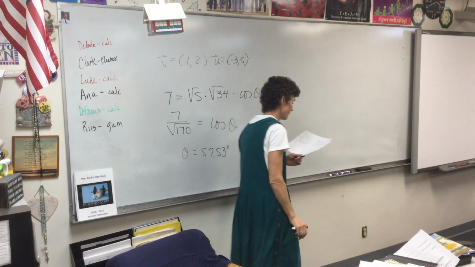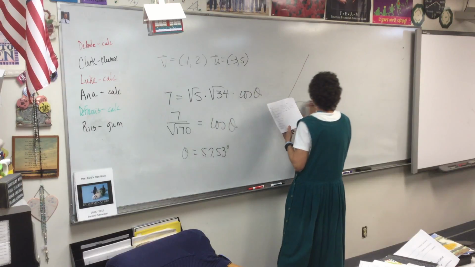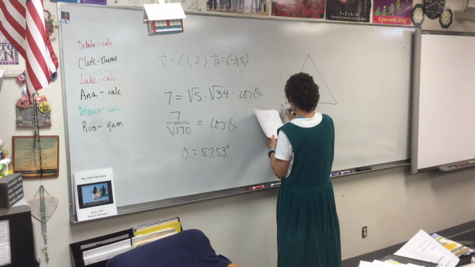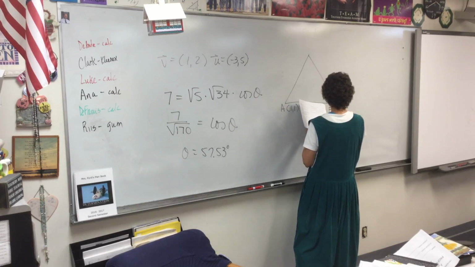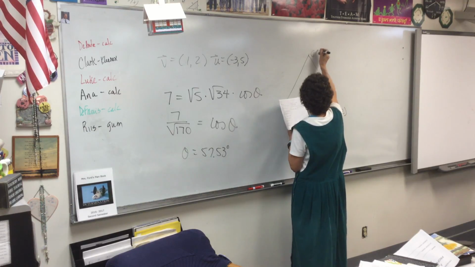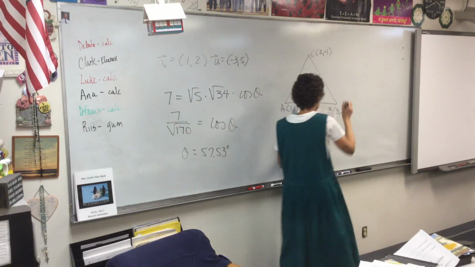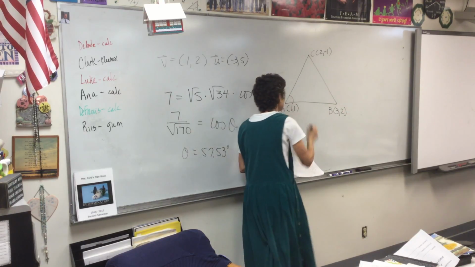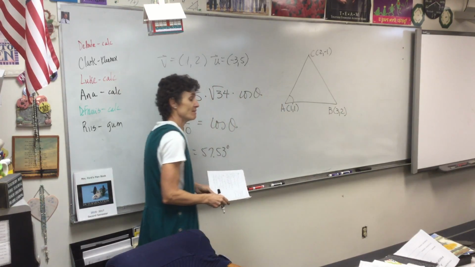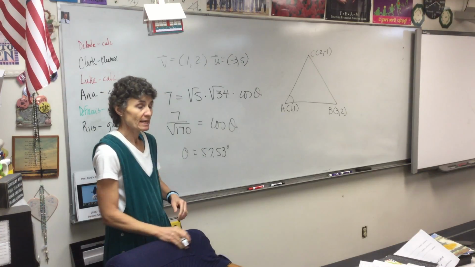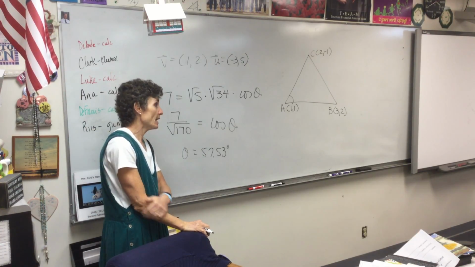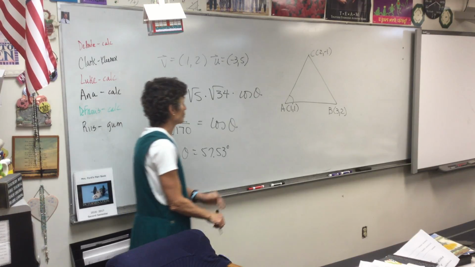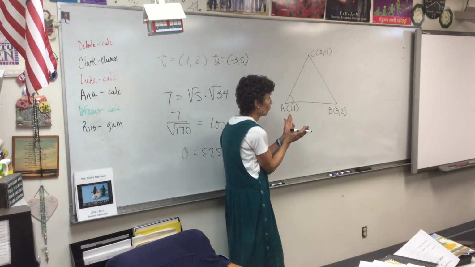Look at number 20. What am I doing in problem 20? Exactly the same thing. The only difference is I'm finding angle A, and they didn't give me the vectors. I have to figure those out first. If I am going to find angle A, then I am looking for the angle formed by what vectors?